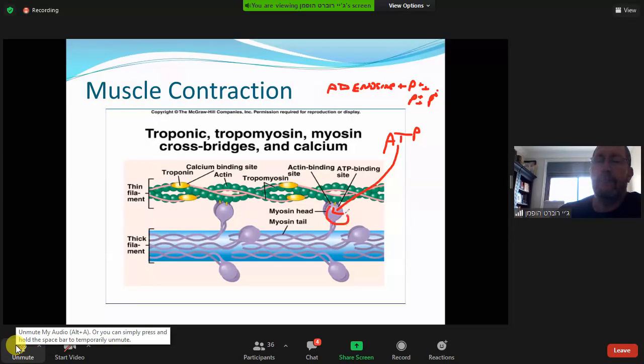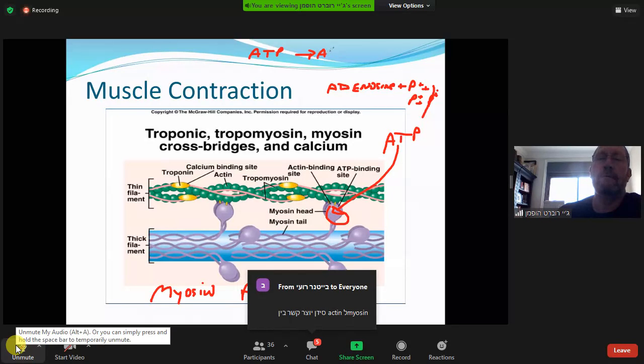There's an enzyme on the myosin head known as myosin ATPase. This enzyme releases a phosphate group from the ATP, from ATP to ADP, the adenosine diphosphate.